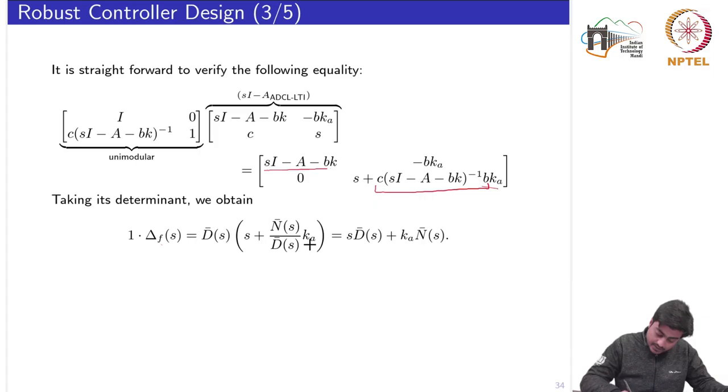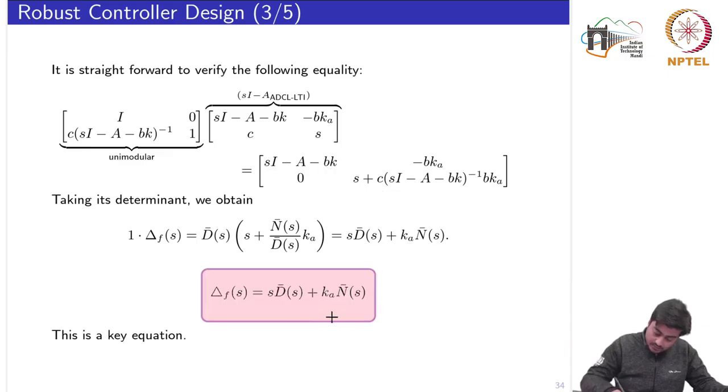So I can simplify this term as s times d bar s plus ka times n bar s, right? So this is the key equation here, which we are going to use further. So we know this delta f would become equal to s d bar s plus k n bar s.